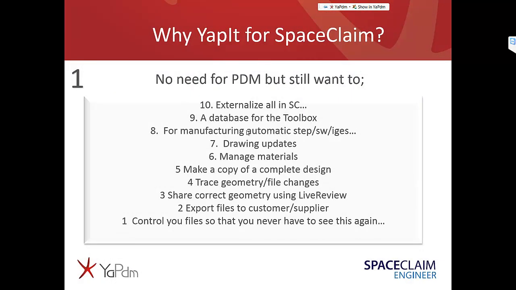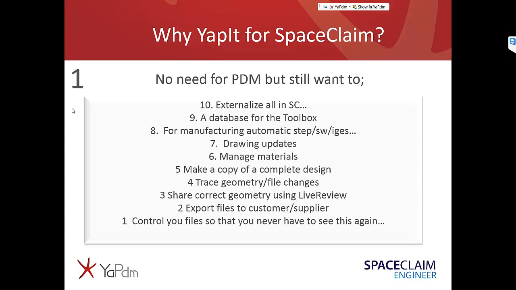Some of the things I'll go through here, and I'll show some of them quickly as well. Externalizing all, just showing that working with our toolbox, of course, which will be shown here today as well.